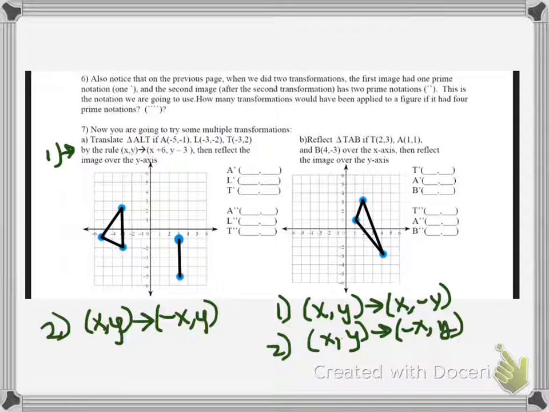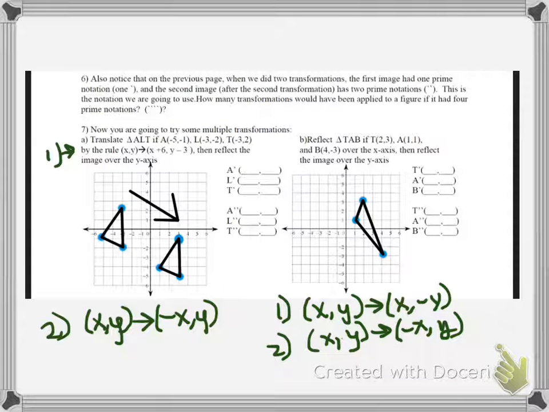The third point is at (negative 5, negative 1). So when we move it to the right 6, we're at positive 1, and the y value becomes negative 4. There we go. Translated down and right, like so.